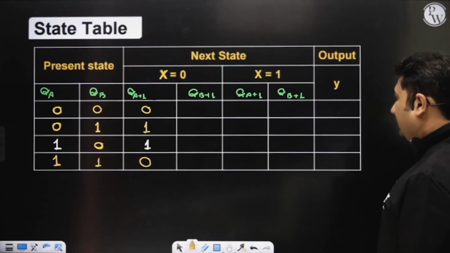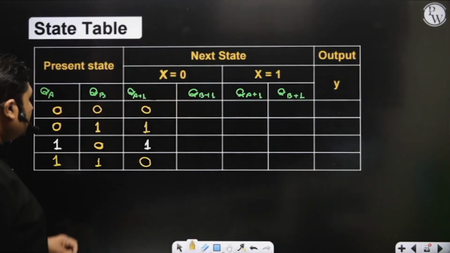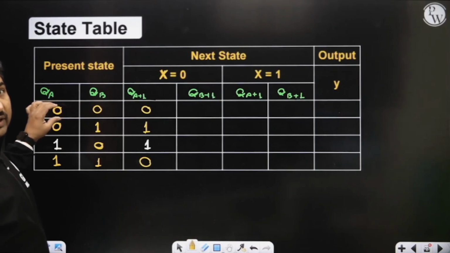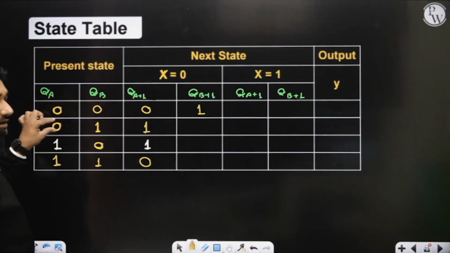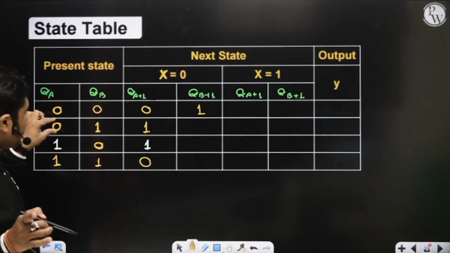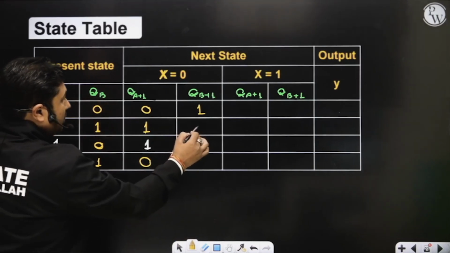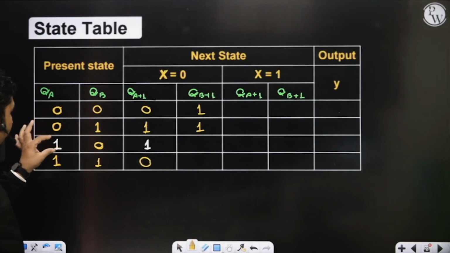JB is equal to 1. Now, please observe here. JB is equal to 1, and whatever the value of QA, the same appears to KB. So for 1, 0, the next state is 1. JB is equal to 1 and QA is equal to 0, so for 1, 0 you will get the set state in case of a JK flip-flop.